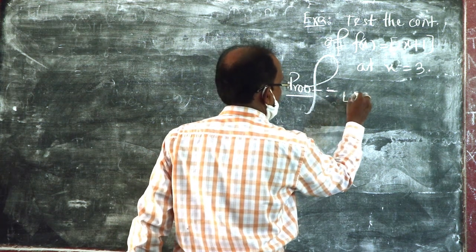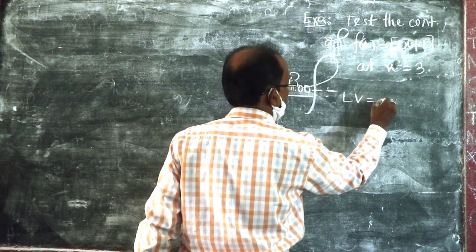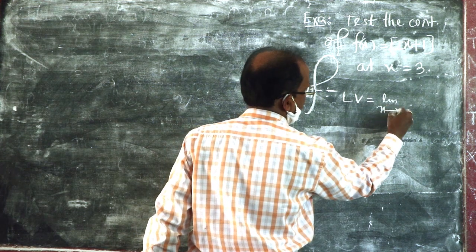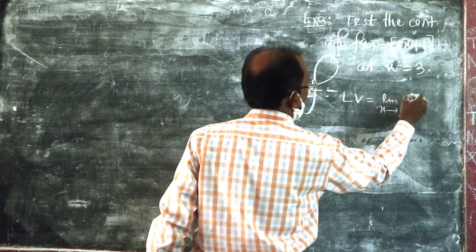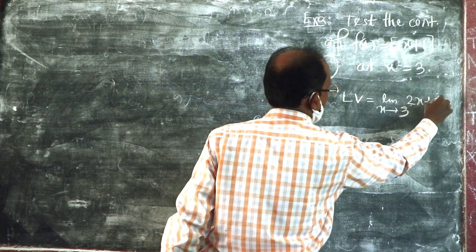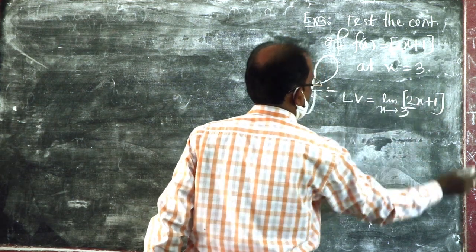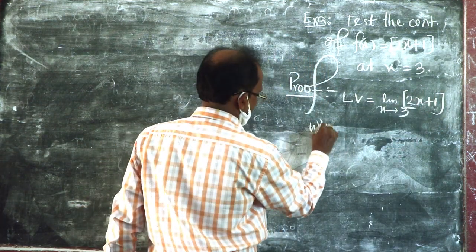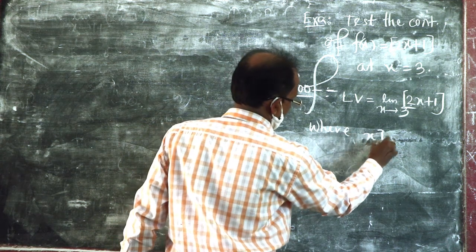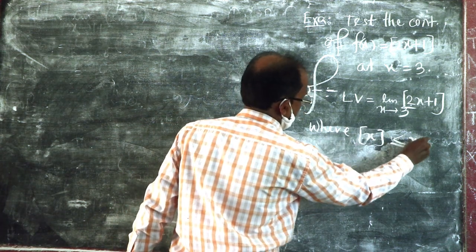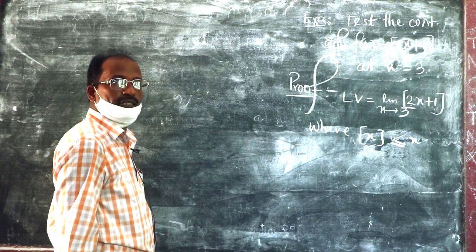So the limiting value, limit x tends to 3, the function is equal to bracketed 2x plus 1, where bracketed x is less than or equal to x.